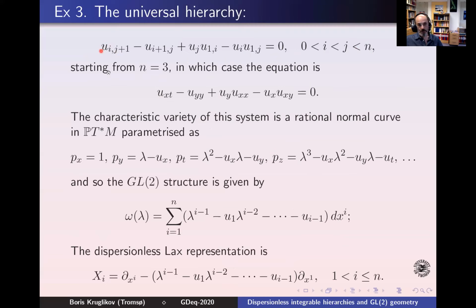And yes, we take the characteristic variety for the hierarchy. So we get this resolution. We can again successively resolve all p in terms of previous ones, or we can just unite them and get this omega lambda. Okay, that's pi here. And the dispersionless representation is here, it doesn't contain d by d lambda. So that's the representation for this.